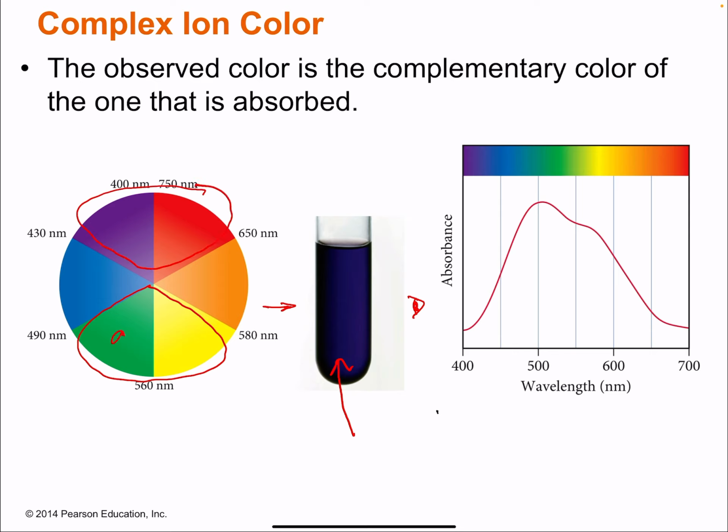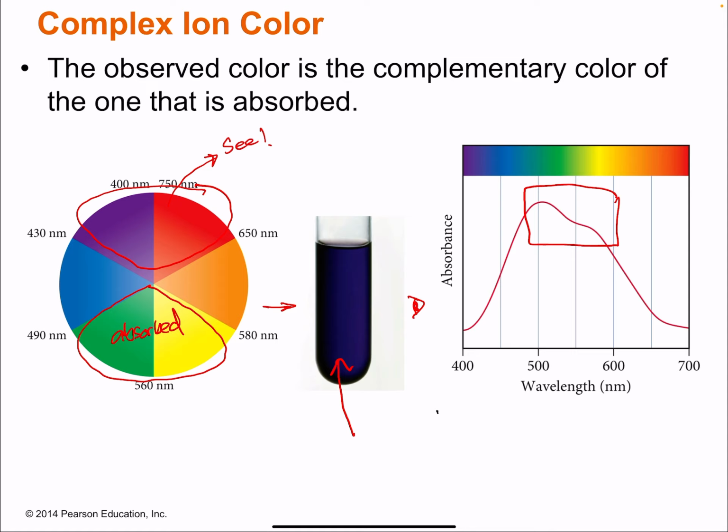So the yellow green is absorbed by the complex ion, and the color that you see, the complementary color, is what you see. In the absorption spectrum, we have a lot of absorption in the yellow-green zone. It's a broad spectrum, but the majority happens to be in the yellow-green zone. So the complex color is reddish violet, which gives you a darker violet color.